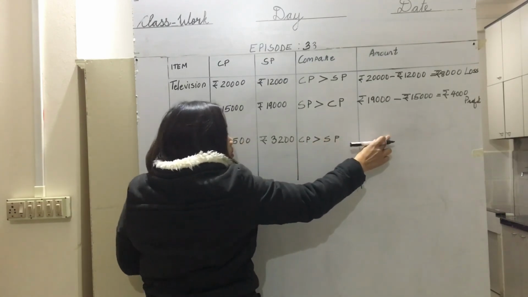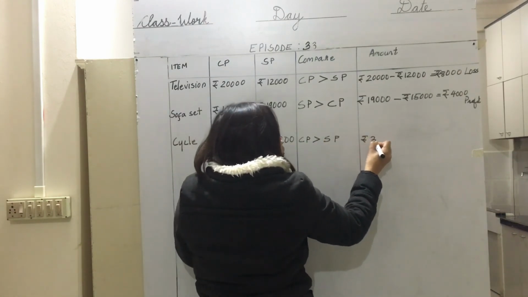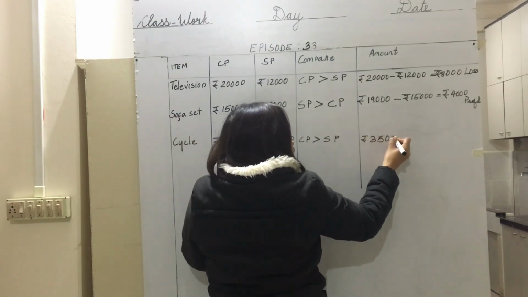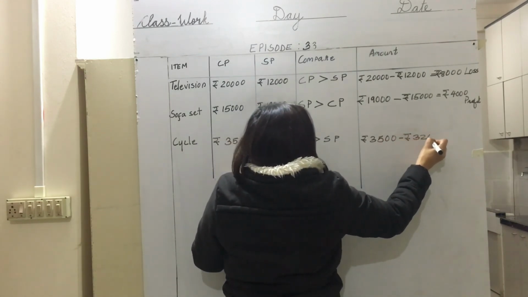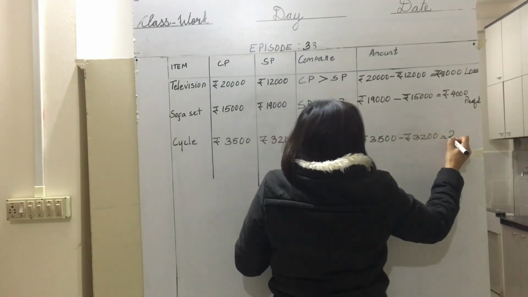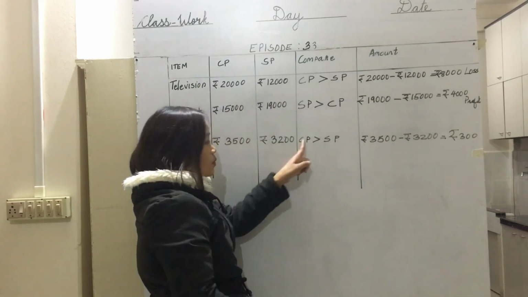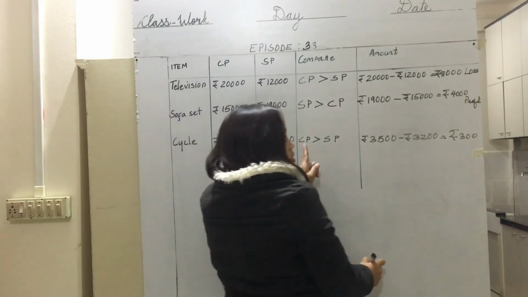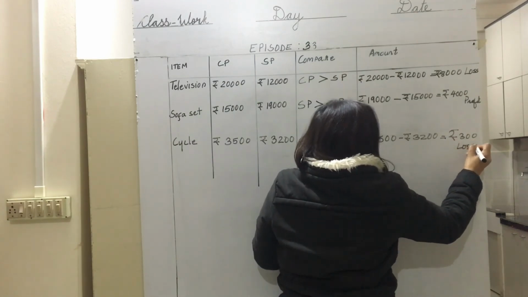Then we will calculate. CP is 3,500 minus 3,200. When we subtract, we are getting 300. So what do we get here? Profit or loss when CP is bigger? CP is bigger, so there is a loss here, right?